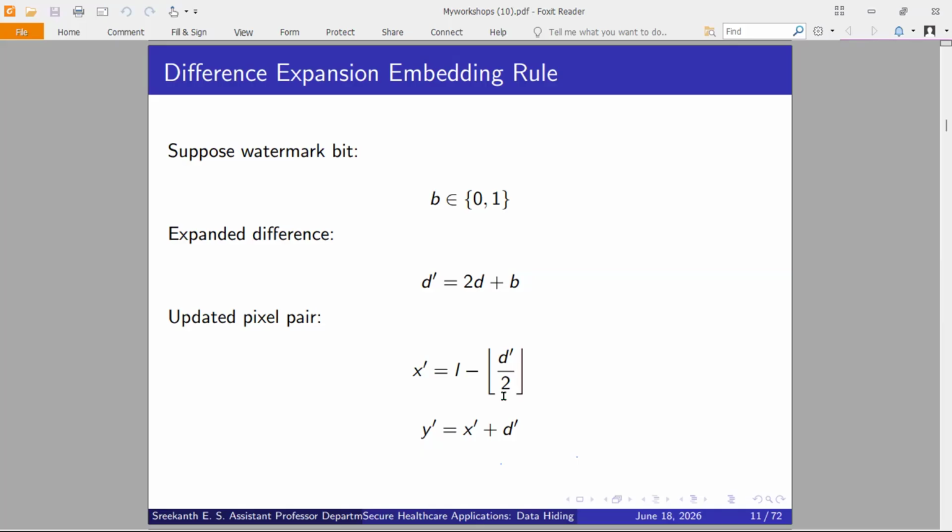Using this equation, from the average we subtract d dash by 2 to get x dash, and y dash is x dash plus d dash. So what is happening? We are finding the center point and taking an equal distance from that center point.